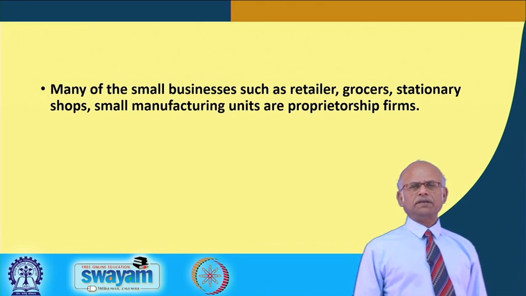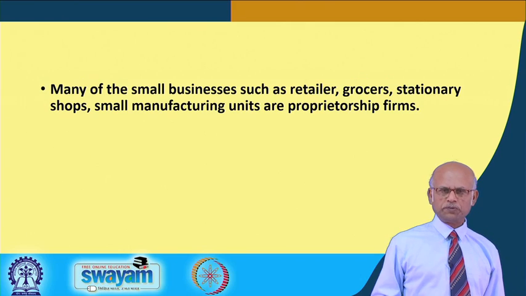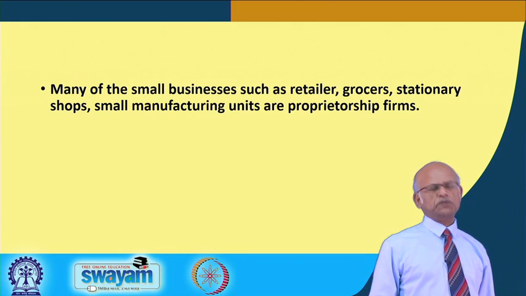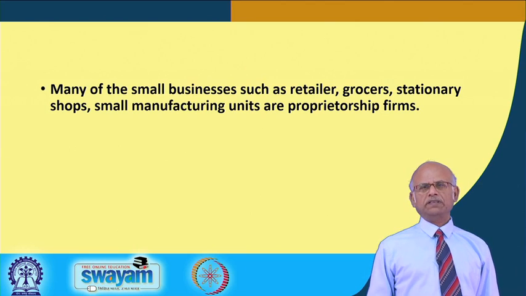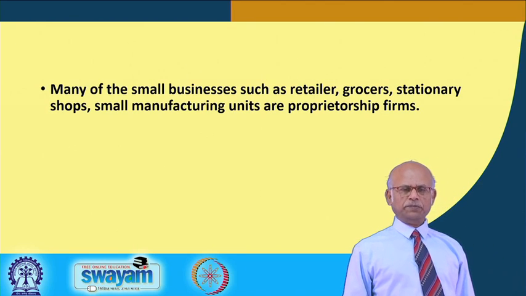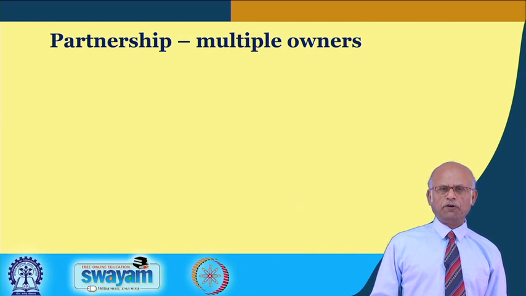And because of the simplicity, normally small businesses like grocery shops, retail stores, very small companies where a single individual is the owner of the business, prefer this kind of legal format.